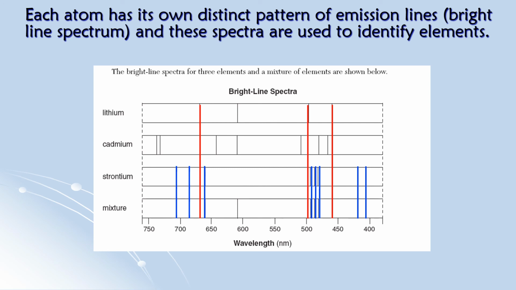So it turns out that all of the lines in strontium and all of the lines in lithium are matching with the mixture. However, there's only one line that is briefly matching our mixture in cadmium. So your answer will be that our mixture contains lithium and strontium. Okay, so that's how you solve a question like this.